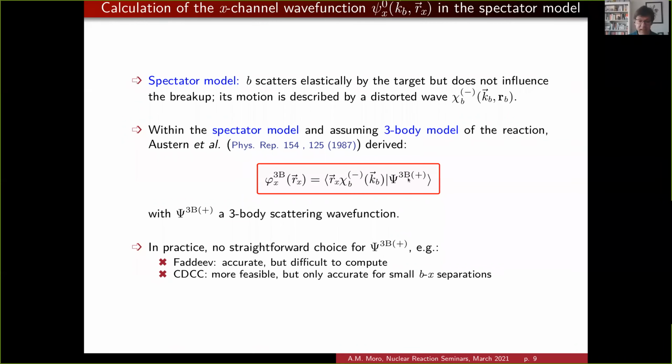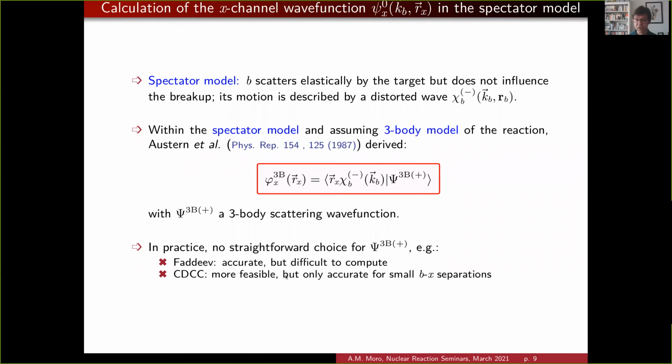Then a more feasible solution would be, for example, a CDCC solution. This is an approximate solution also of the three-body problem. The problem is that this CDCC solution consists in an expansion of the three-body wave function in terms of Bx states, in terms of the projectile states.